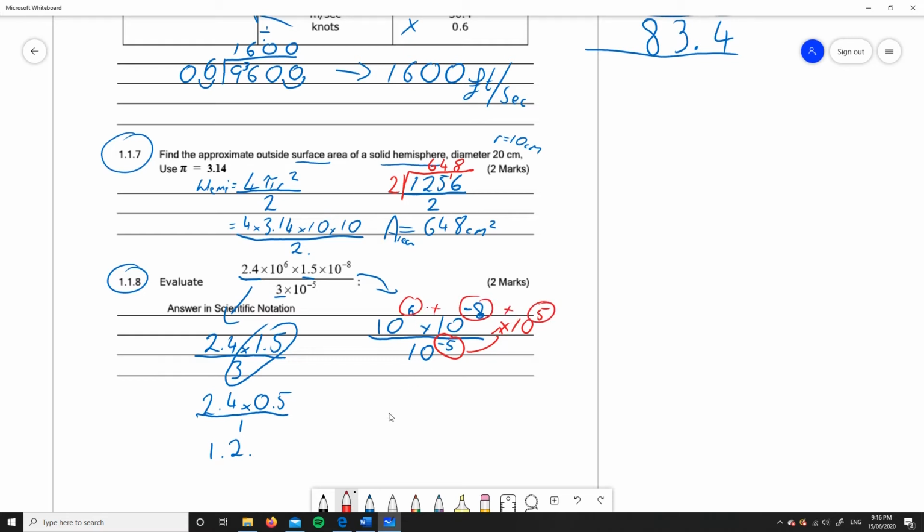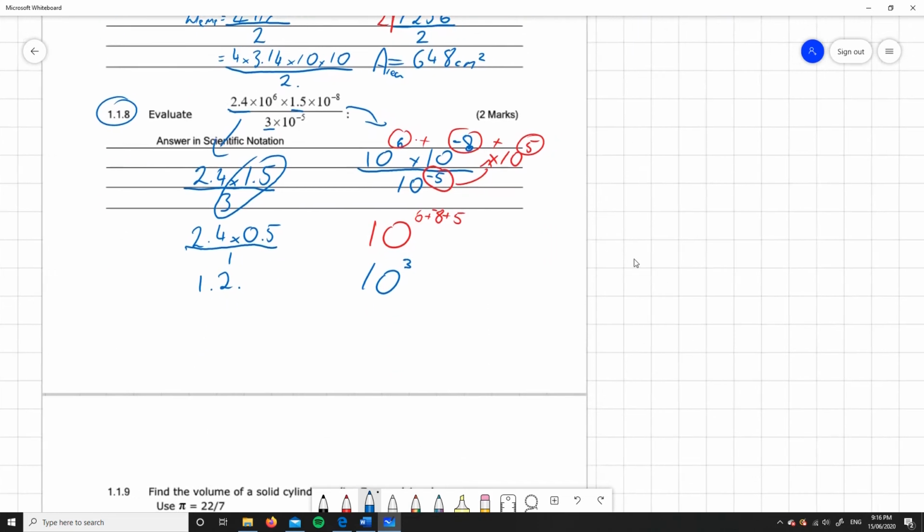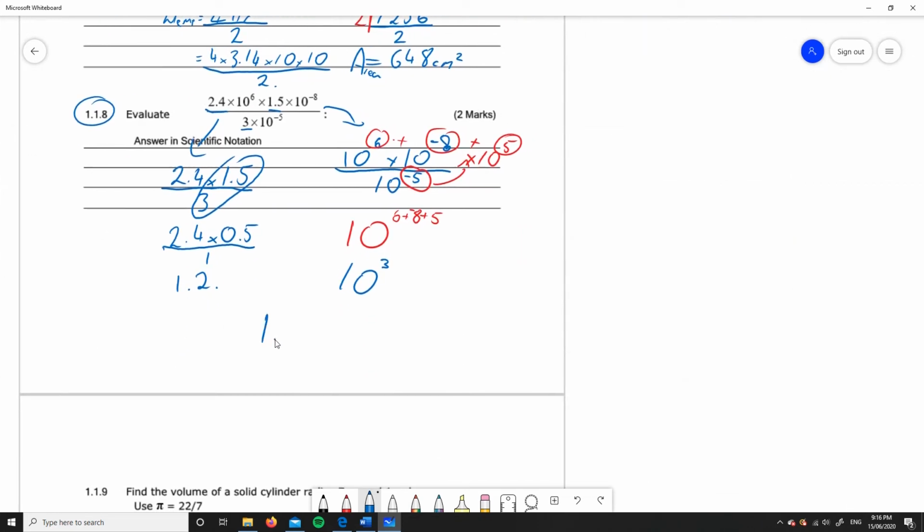So essentially that's going to come down to 10 to the power of 6 plus negative 8 plus 5. 6 plus negative 8 is going to put me at negative 2, plus the positive 5 puts me up to 10 to the power of 3. Leaving my final answer for that one as 1.2 times 10 to the power of 3 in correct scientific notation.